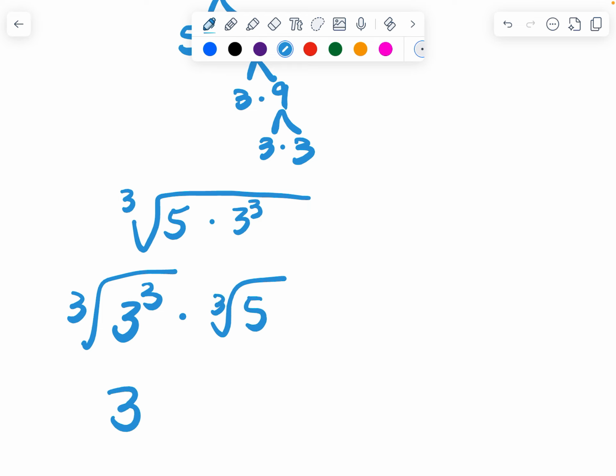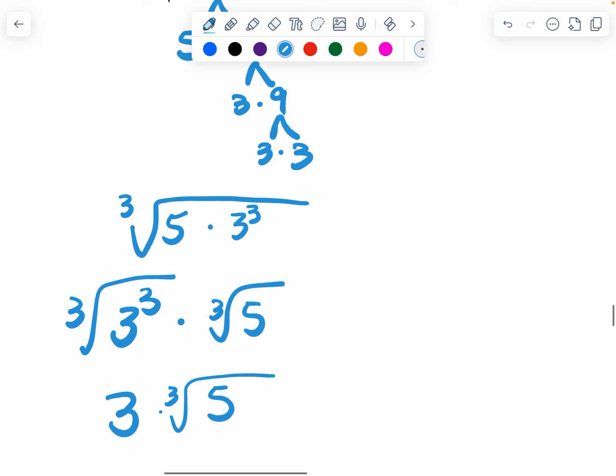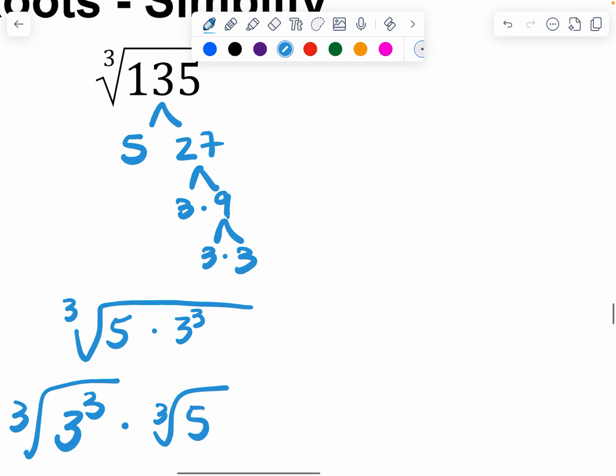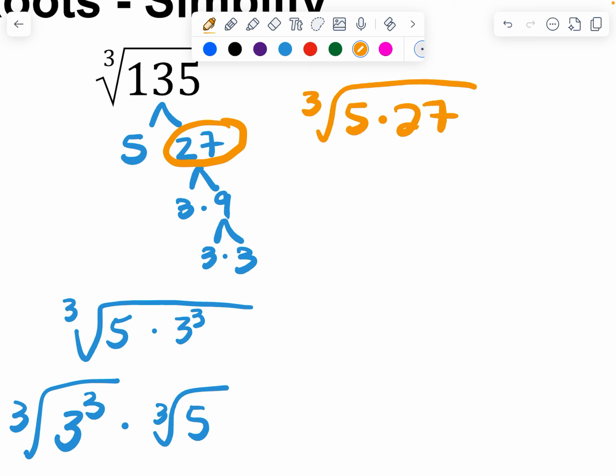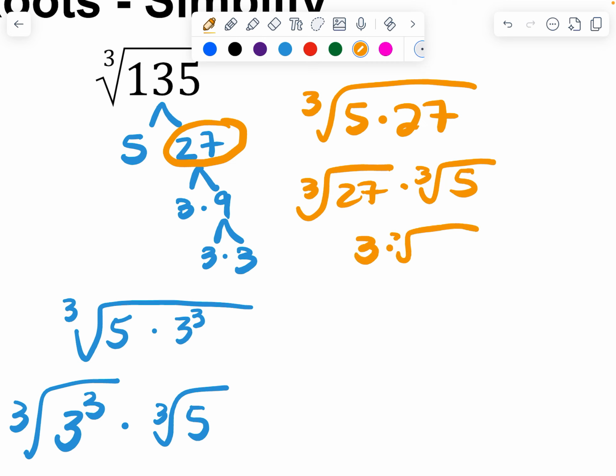So this is 3 times the cubed root of 5. Now, guys, could I have stopped right here? I could have, because 5 times 27, and I was taking the cubed root of that, the cubed root of 27 times the cubed root of 5, 3 times the cubed root of 5. We could have done it from right there also.